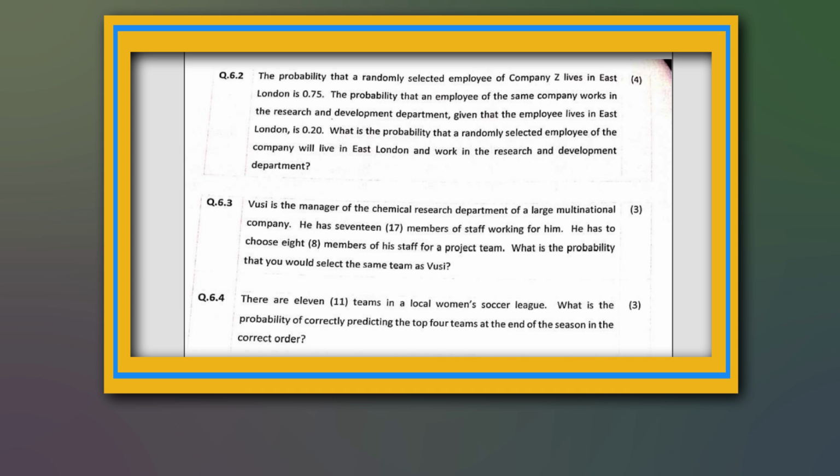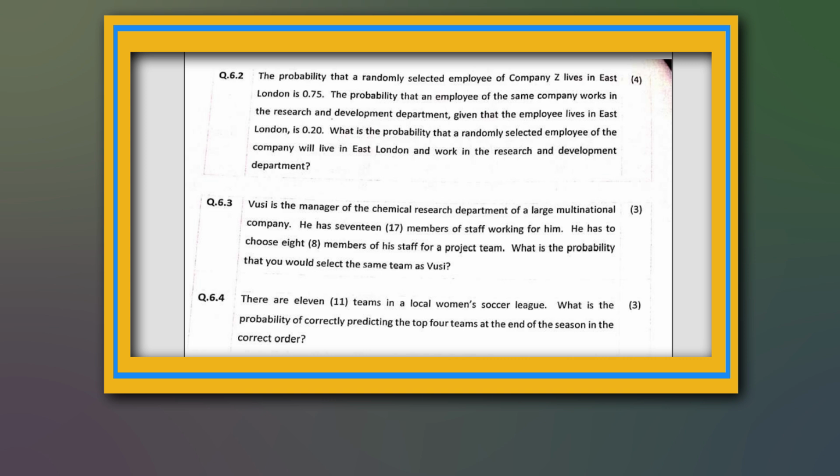The probability that an employee of the same company works in the research and development department, given that the employee lives in East London, is 0.2. What is the probability that a randomly selected employee of the company would live in East London and work in the research and development department?